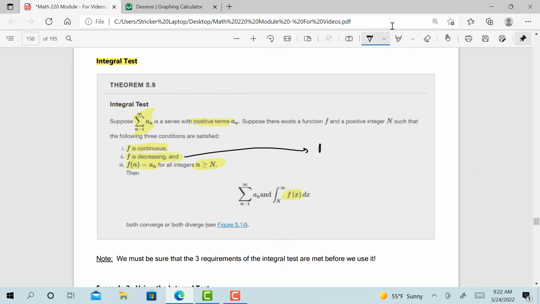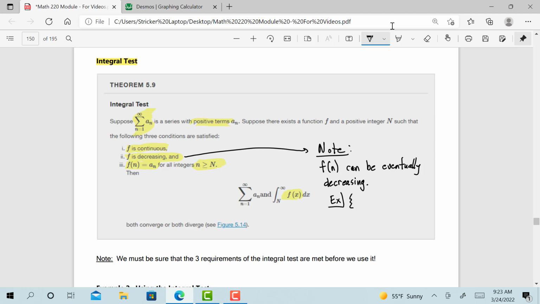So we can say that our function, let's call it f of n, can be eventually decreasing. So it doesn't have to be decreasing right at the beginning, but eventually decreasing. So for example, let's say we have something like this.